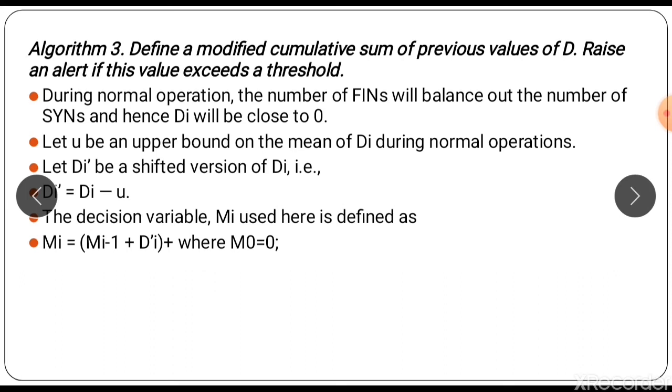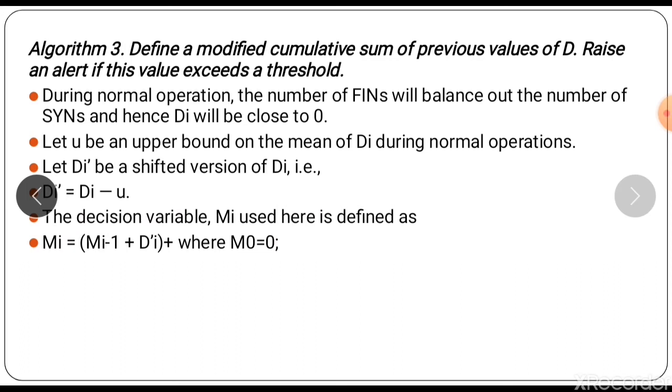During normal operation, the number of FINs will balance out the number of SYN packets and hence Di will be close to 0. Let us define U as the upper bound on the mean of Di during normal operation. Let Di' be a shifted version of Di, that is, Di' is equal to Di minus U. So the decision variable Mi used here will be computed using this formula.